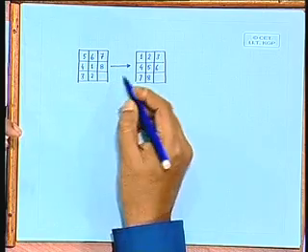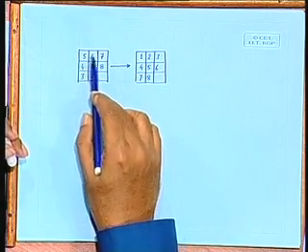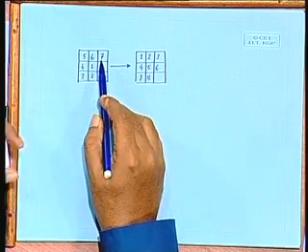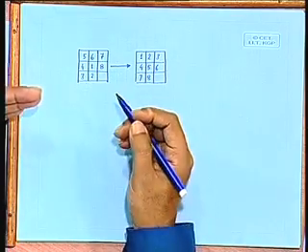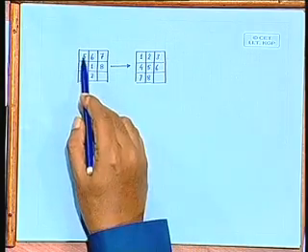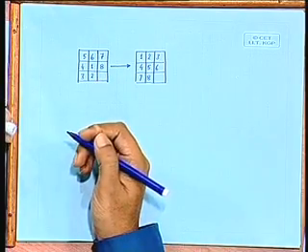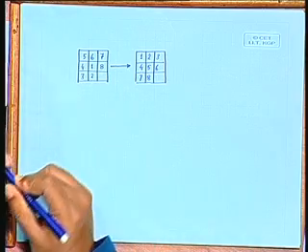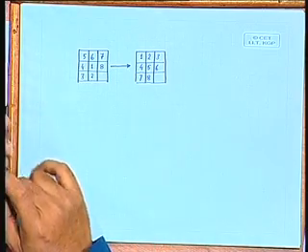Now, if I add up the Manhattan distances that each tile has to travel, can I say that I have a lower bound on the number of moves that I have to make in order to solve the puzzle?